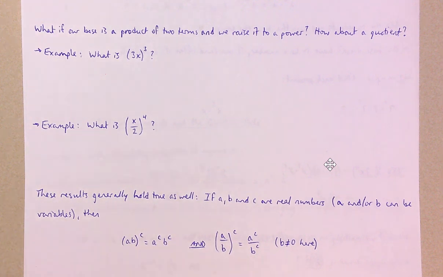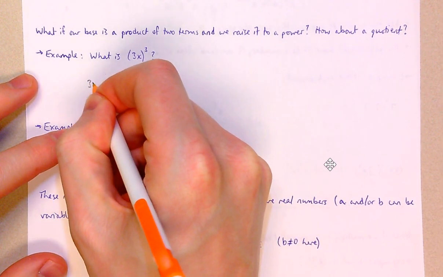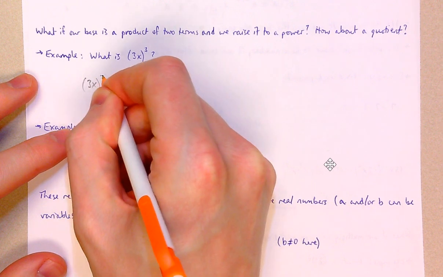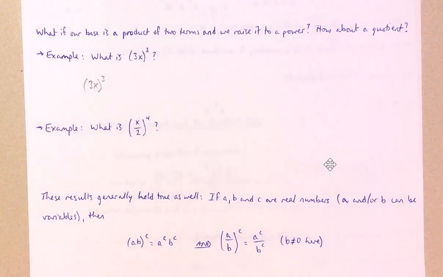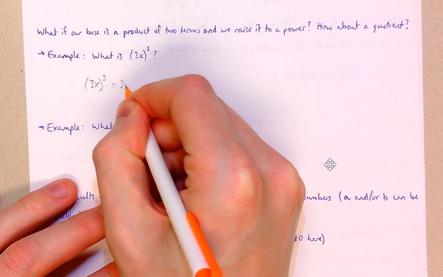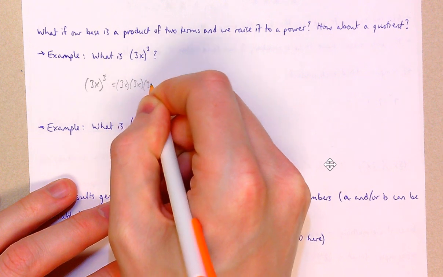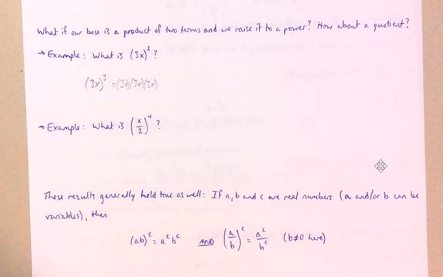What if I had 3 times x and I raised that whole thing to the third power? Let's just say what this is actually telling us. 3x raised to the third power is just saying 3x times 3x times 3x, all right?